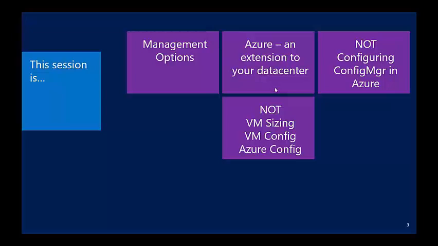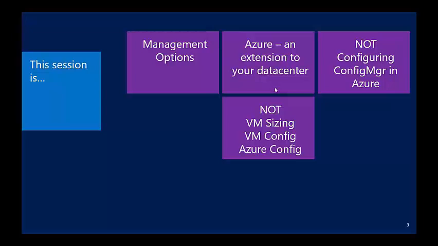Now, this is not a session intended to be an in-depth discussion of how to configure ConfigMgr to work in Azure. That discussion is one we probably don't even need to have, because when we think about the different data centers, what pieces to put there, and the networking, those skills are common, whether in Azure or totally on-prem.